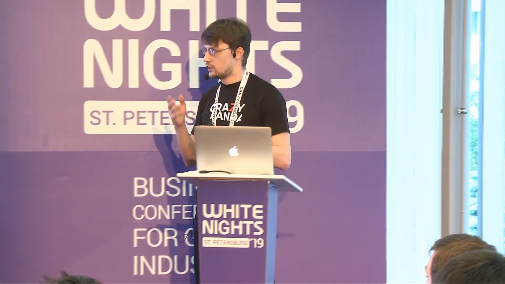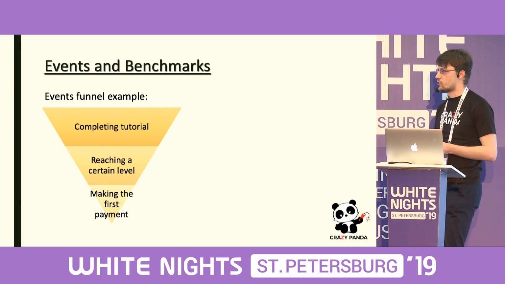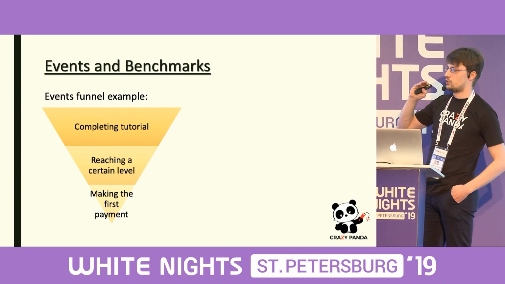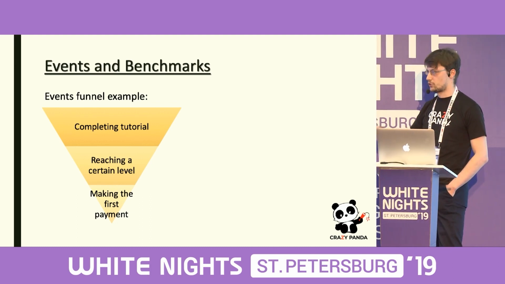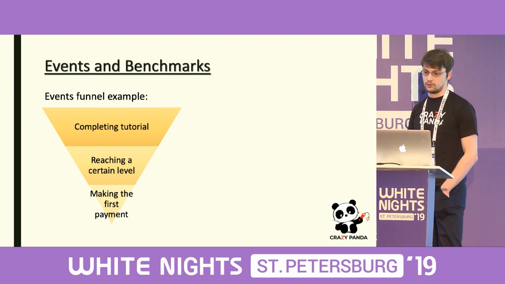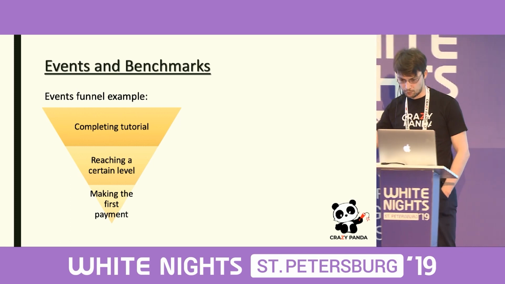These events are conversions, something that can occur for the user only once, and maybe do not occur at all. If a user does not complete the tutorial, he will certainly not complete level 10. And all users that completed level 10 have completed the tutorial.